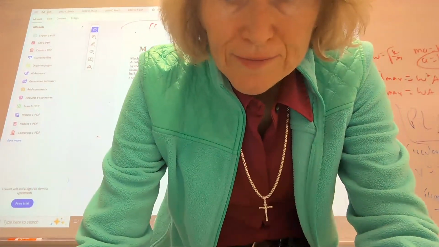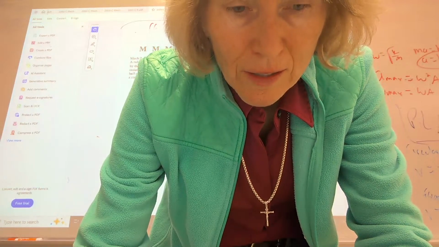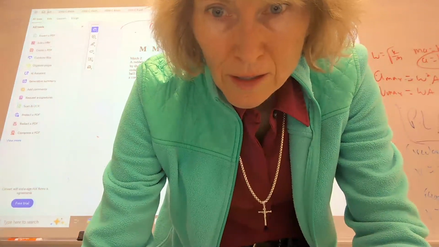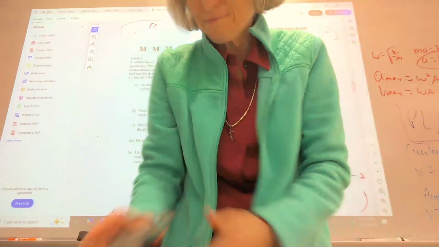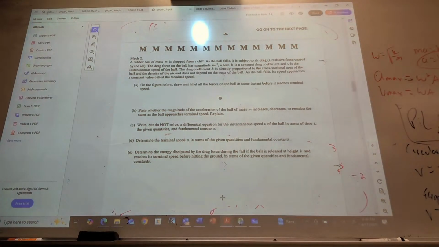A, on the figure below, draw a map of all the forces on the ball at the same instant, at some distance before it reaches terminal speed. B, state whether the magnitude of the acceleration of the ball of mass m increases, decreases, or remains the same as the ball approaches terminal speed. Explain. C, write but do not solve a differential equation for the instantaneous speed v of the ball in terms of time t and the given quantities and fundamental constants.